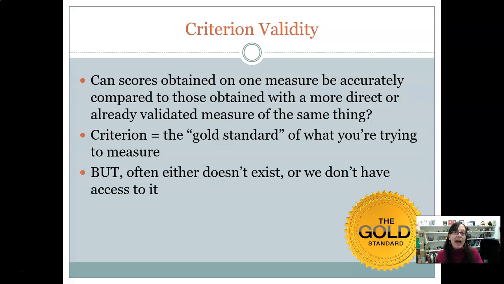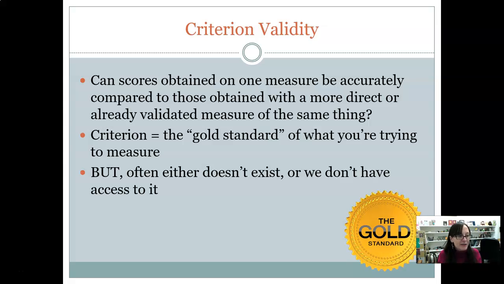If you have that for a small subset of your sample and you can say, okay, when they're reporting high levels of anger, they're also having higher, faster heart rates and higher testosterone production at that moment, that validates the fact that this is actually a good measure of when they're feeling angry. And so we can then take that and use it with a larger sample without needing the biological measures for the criteria.